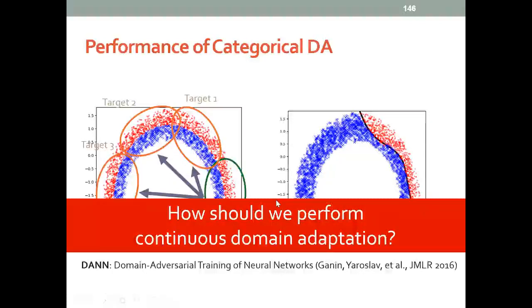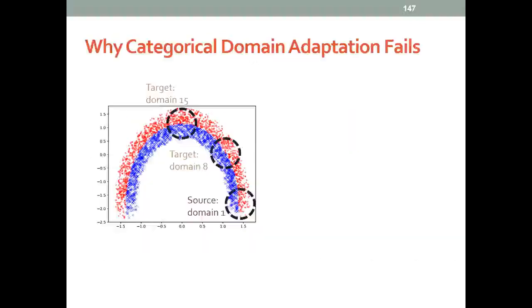So how should we perform continuously indexed domain adaptation? Note that these categorical domain adaptation methods fail because they cannot measure the distance between different domain indexes. For example, they don't know that domain 1 and domain 8 are actually closer, while domain 1 and domain 15 are more distant.